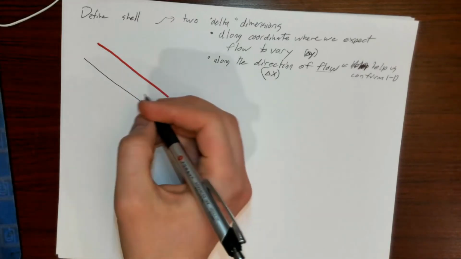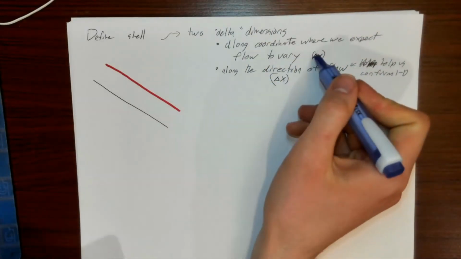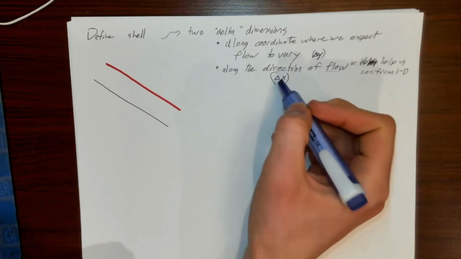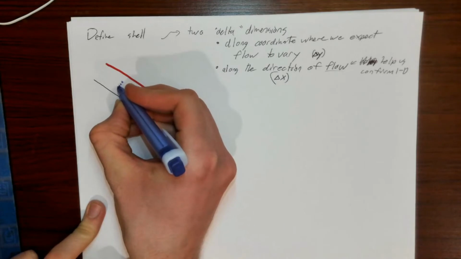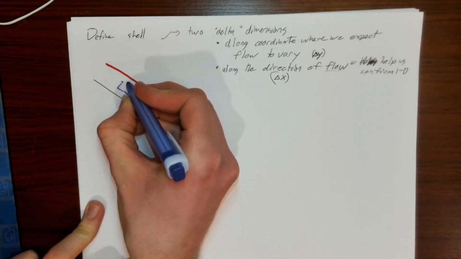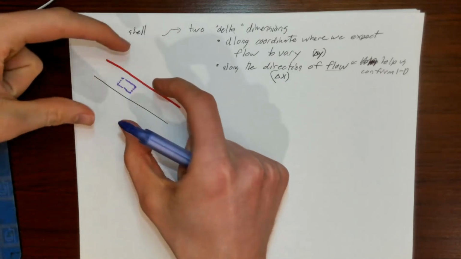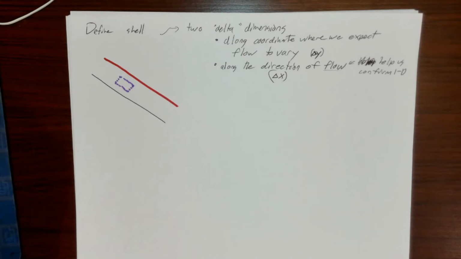So what does it look like? Well, I have some control volume with a delta y and a delta x. It's a little chunk that's just chilling in the middle of the flow. We're going to make this infinitesimally small, but I've drawn it big enough so we can sketch what it looks like.